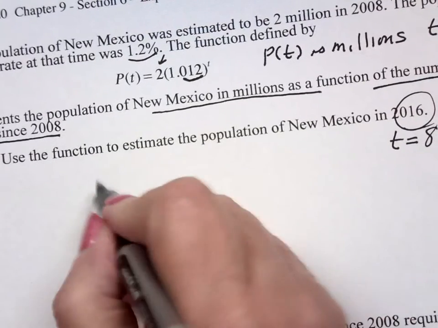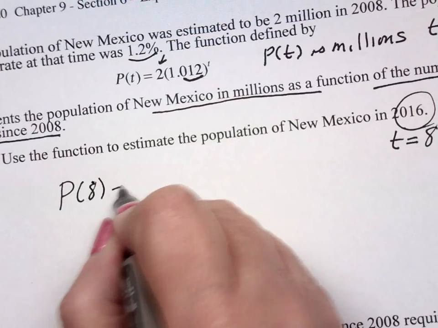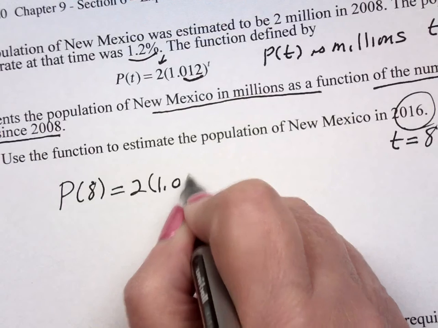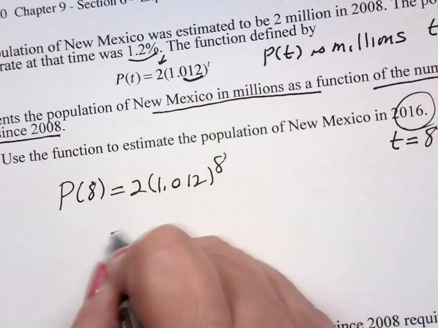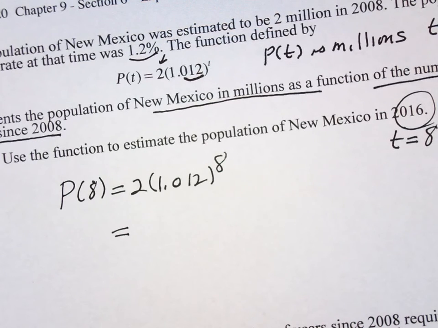And so I just plug and chug. So P of 8 equals 2 times 1 plus 0.012 times 8. And that is going to come out to be, not very much.